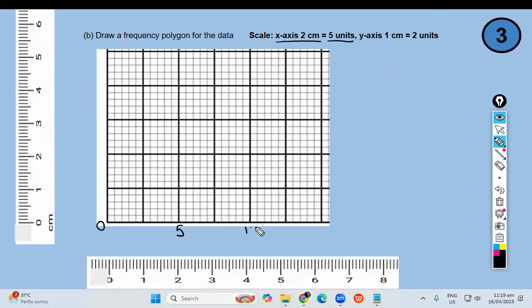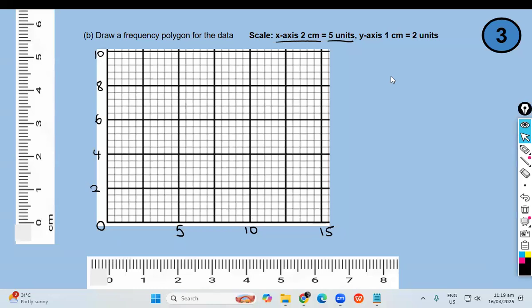Next to 10. Next to 15. And on the y-axis, every 1 centimeter is 2. So here's 2. Here's 4. Here's 6. 8. Now y'all get the idea. How many people got the scale correct so far, right? Because if the scale is wrong, the examiner is going to take away points, right? Good.